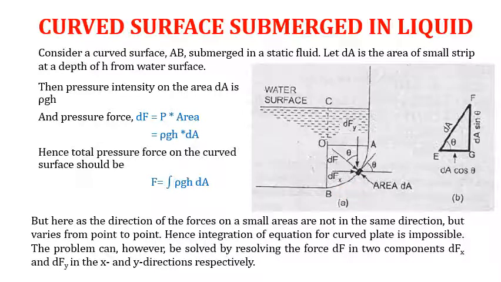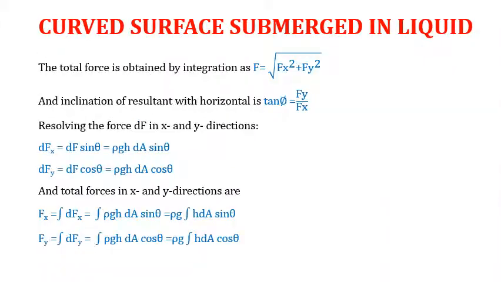As we know, the pressure intensity is rho g h, and the pressure force on the strip dF is rho g h into dA, and we can find the total pressure force on the curved surface by integrating it. So integral rho g h dA. The total force can be obtained after integration.